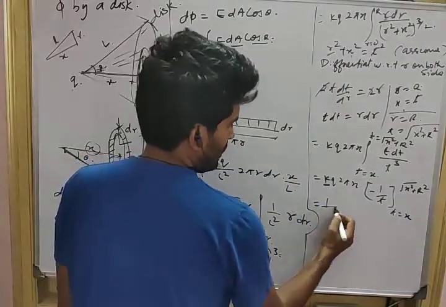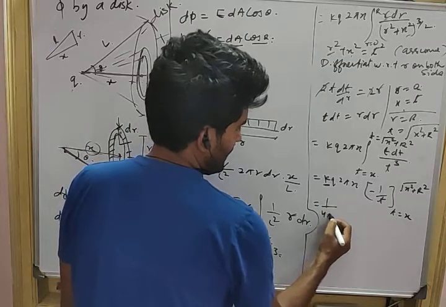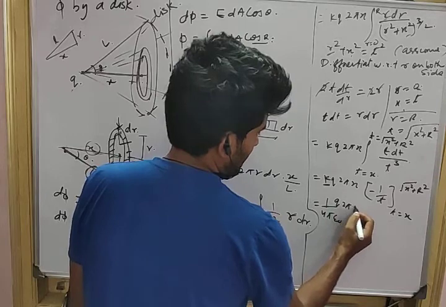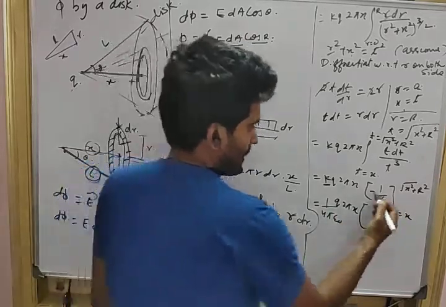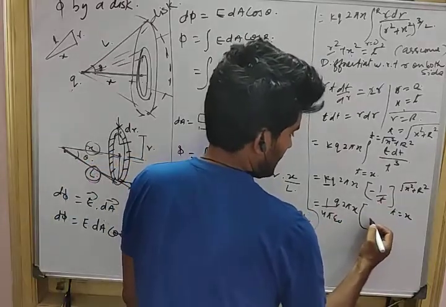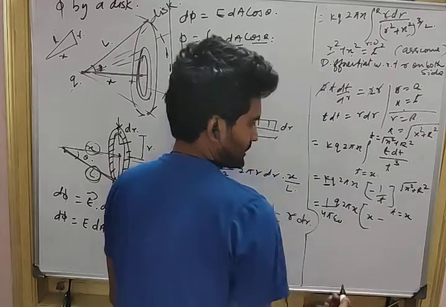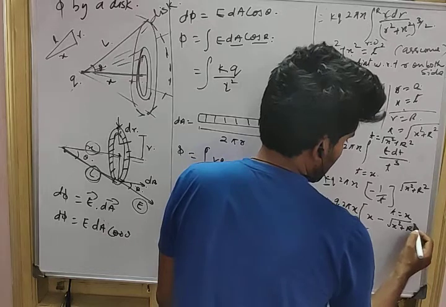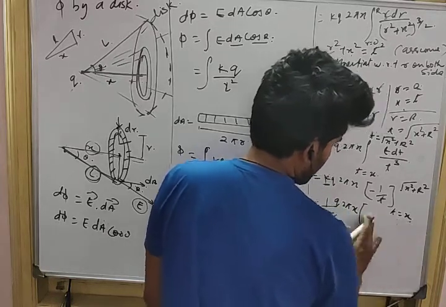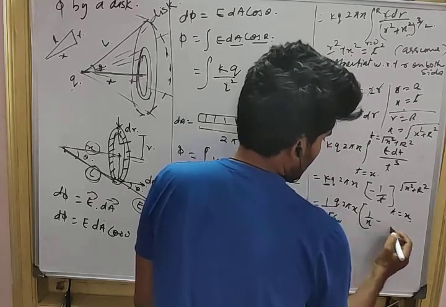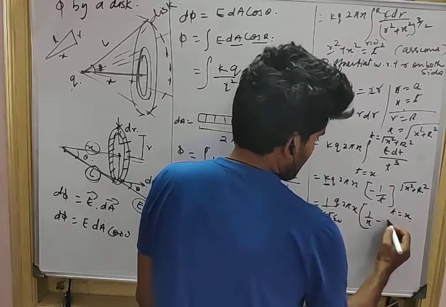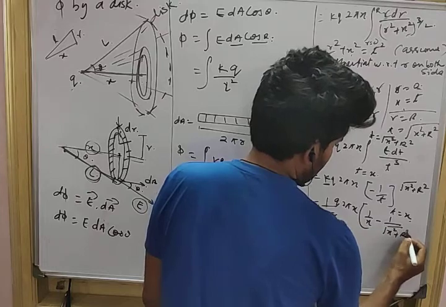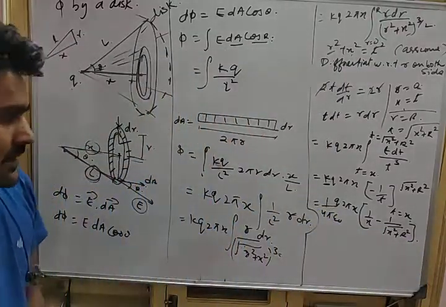K is nothing but 1 upon 4 pi epsilon into q 2 pi x into, do it, so you will get 1 upon x minus 1 upon under root x square plus r square, right?